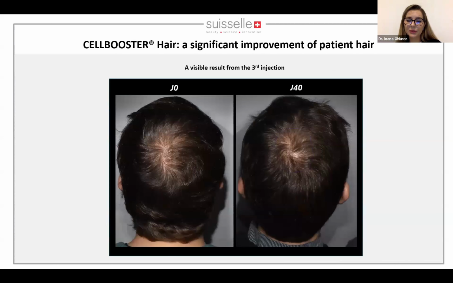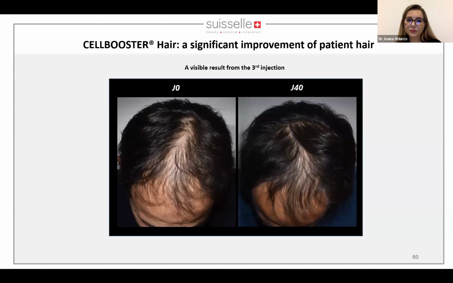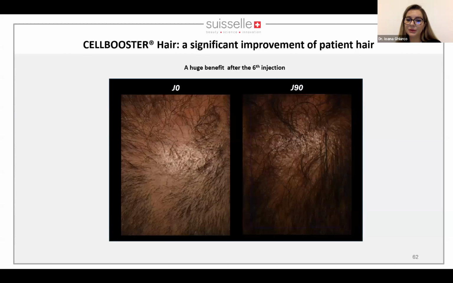The same thing at 3 weeks, before and after. Next slide. 3 weeks. Next slide. 3 weeks. And now I think we will see the results at the end of the clinical trial. So after 6 sessions, we can see a very good improvement. The same thing at 90 days.